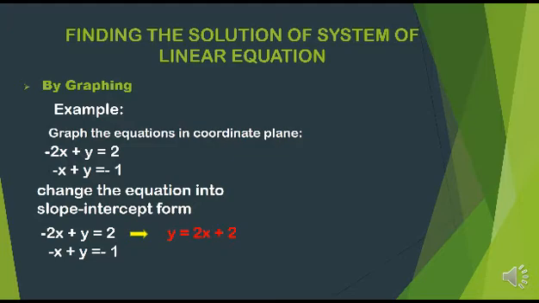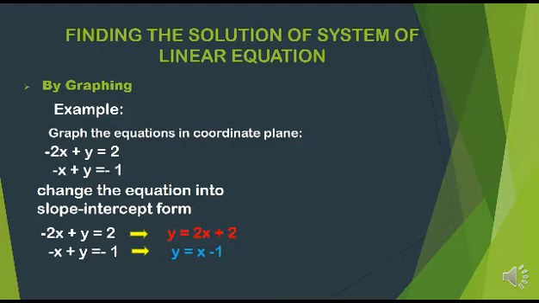Na-eliminate na yung negative 2x kasi nag-add tayo ng positive 2x. And the other one, we have negative x plus y equals negative 1. Kung paano ginawa natin sa first equation, ganun din yung gagawin natin sa second equation. So we now have y equals x minus 1.